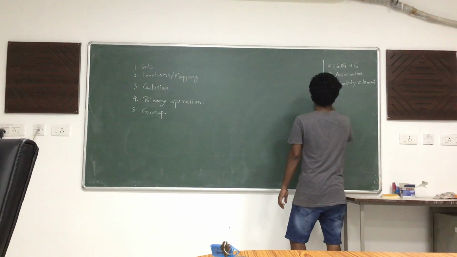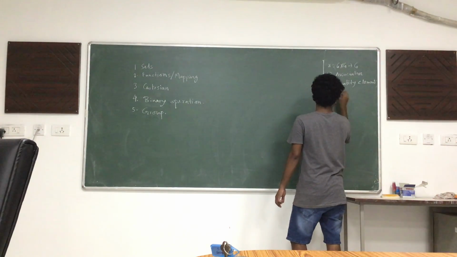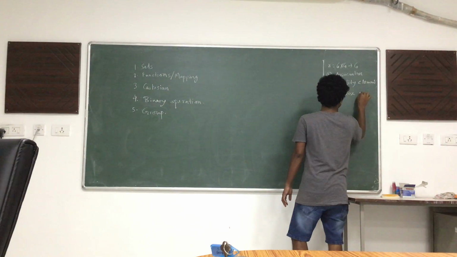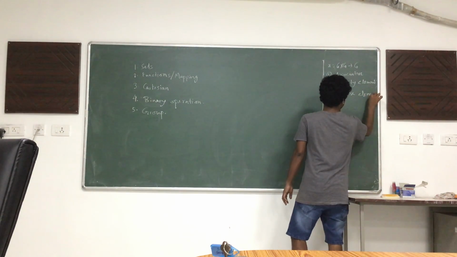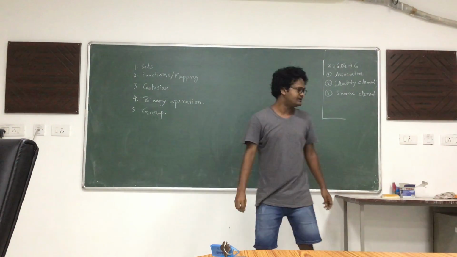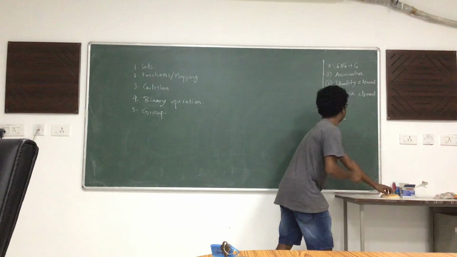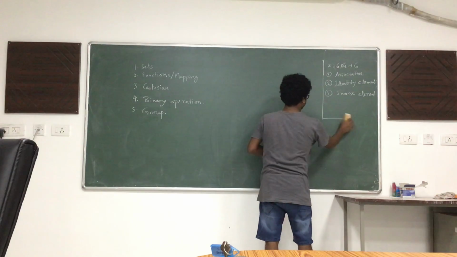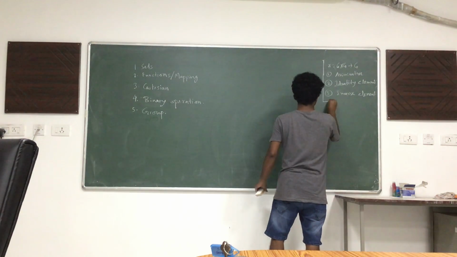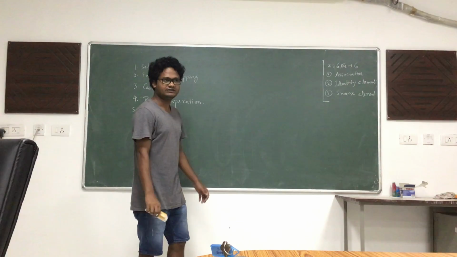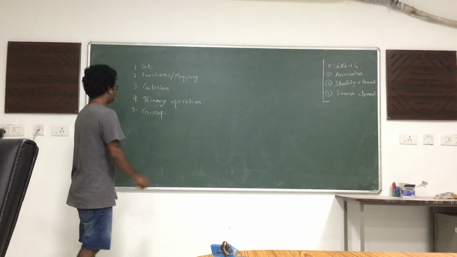And third, every element should have an inverse element, an element corresponding to it, such that that element multiplied with the other element gives you the identity element, called the inverse element. These three properties, if a set satisfies them under that binary operation, then we call it a group.